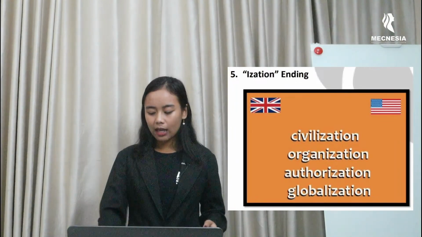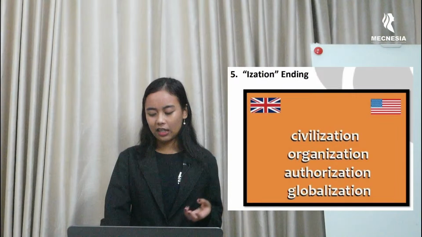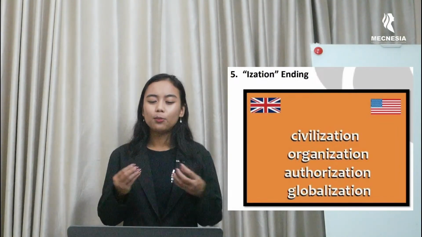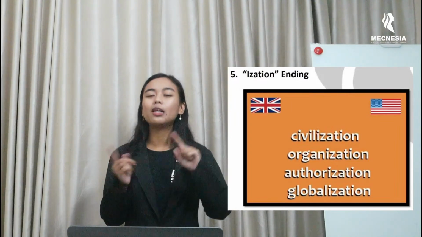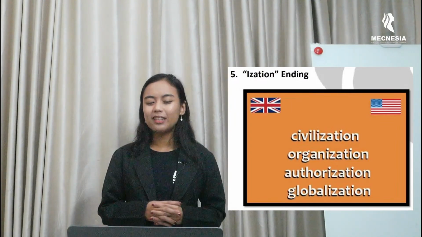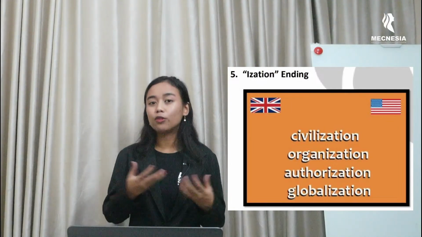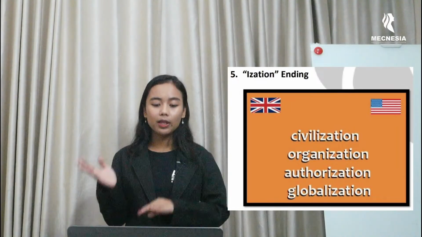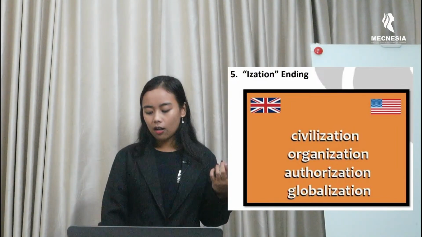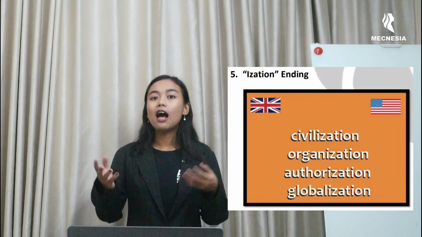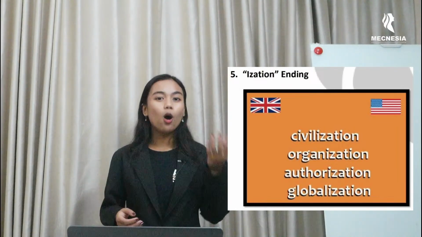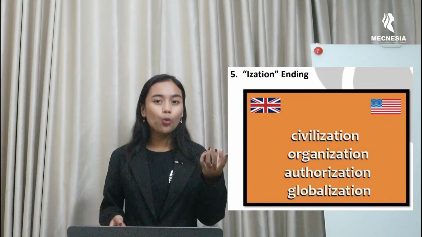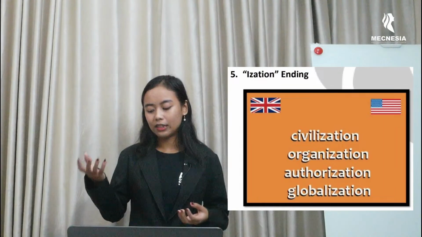The next, we have the word authorization. It's kind of similar with the previous word. Jadi, kata ini bunyinya mirip sama kata yang sebelumnya. So, in British English, we say it authorization, while in American English, we say it authorization.